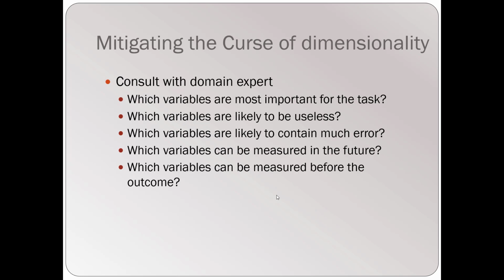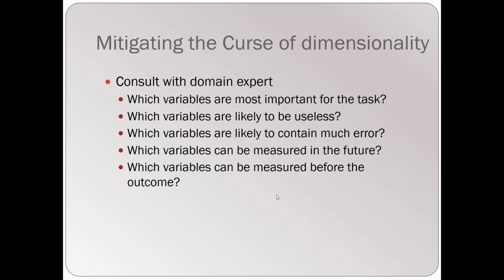Now, how do you mitigate the curse of dimensionality? First, consult with a domain expert. You have a list of 100 variables; you sit down with the domain expert and see which variables are important, which variables are useless or extraneous and need not be considered, and throw those out.